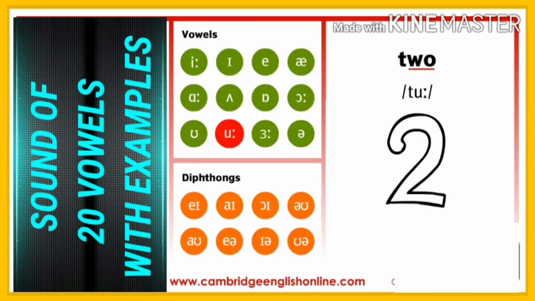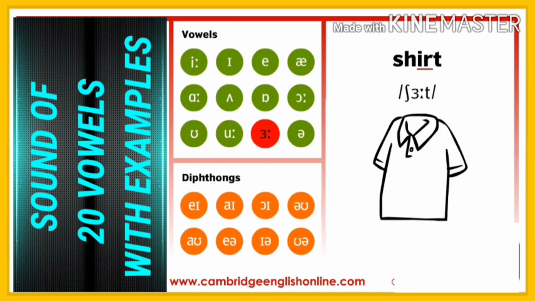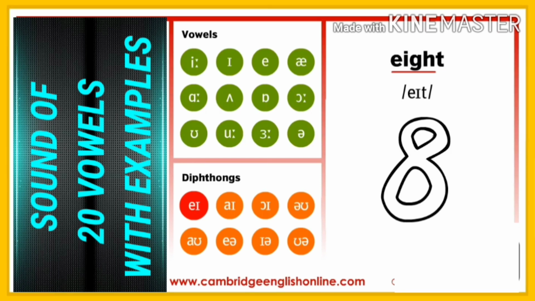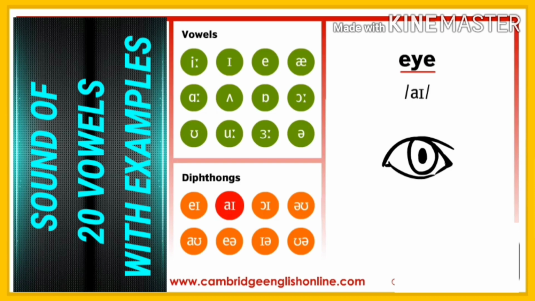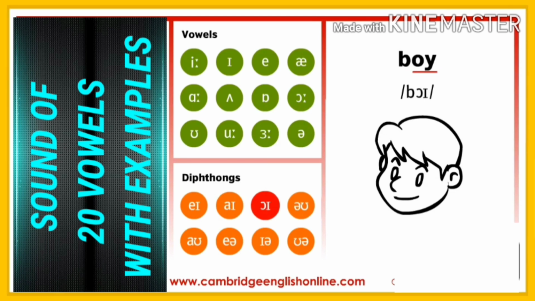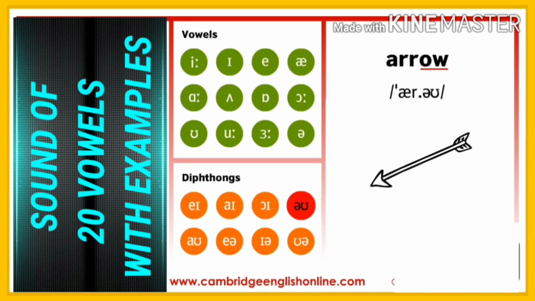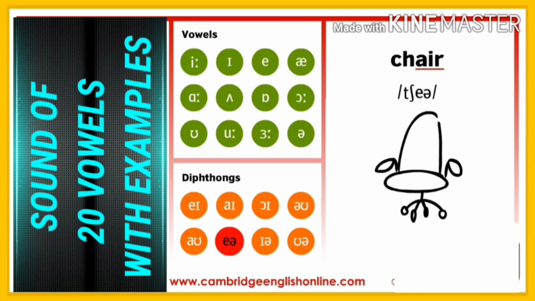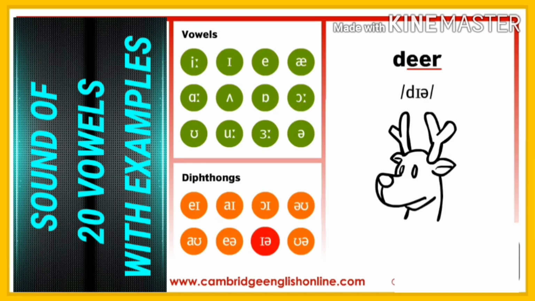Ooh, two. Shirt. Father. A, I. Oi, boy. O, arrow. Ow, house. Air, chair. Ear, dear.